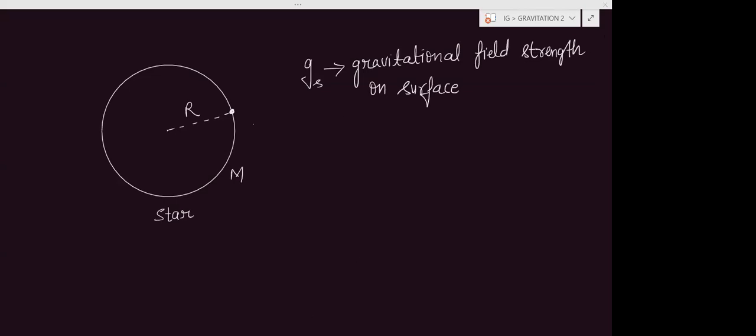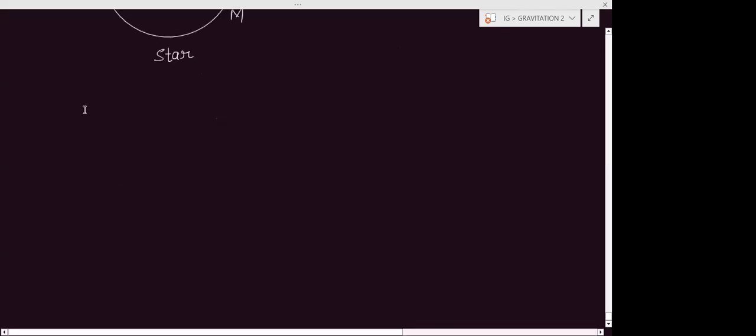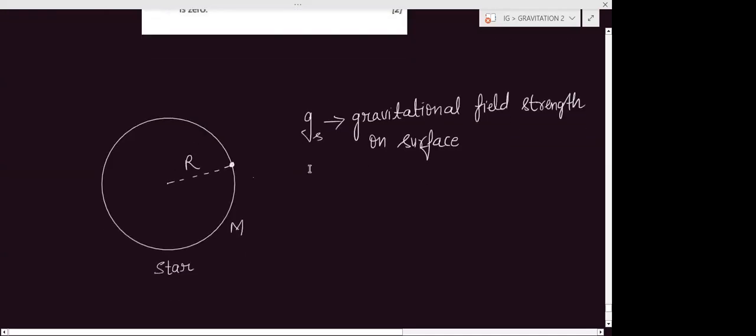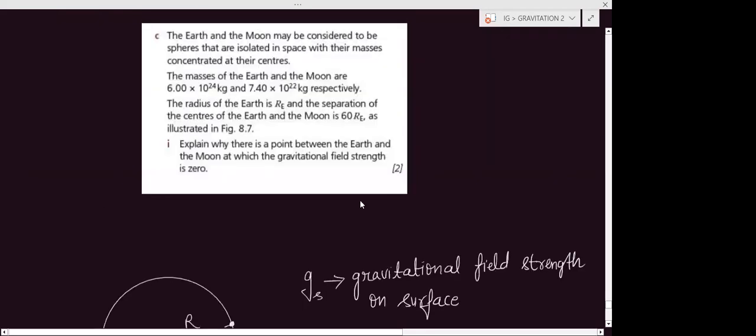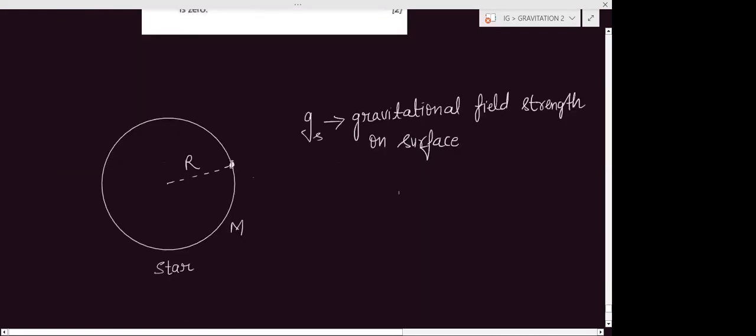So what I should do now, I should take this graph, we will use it later. So here you can see, on surface the value is 1.